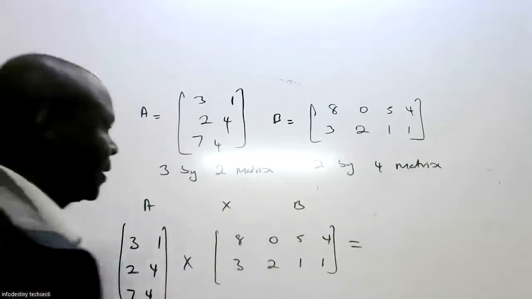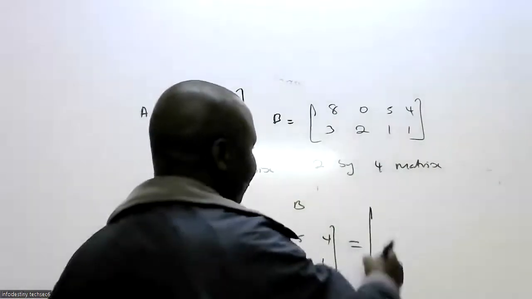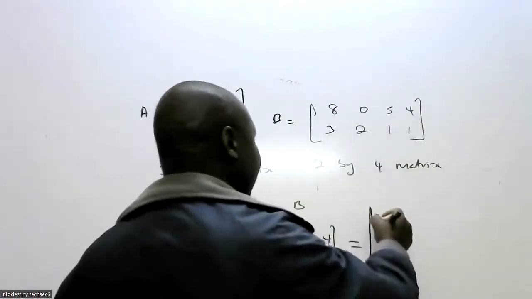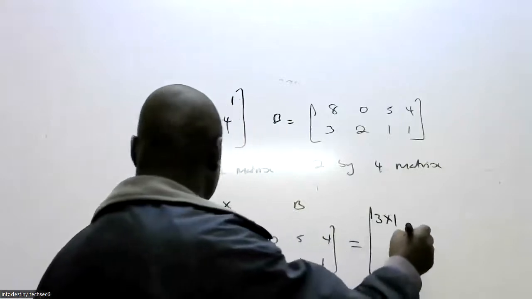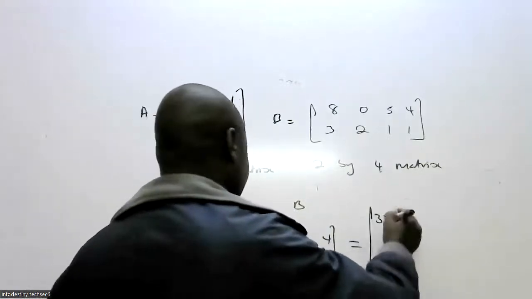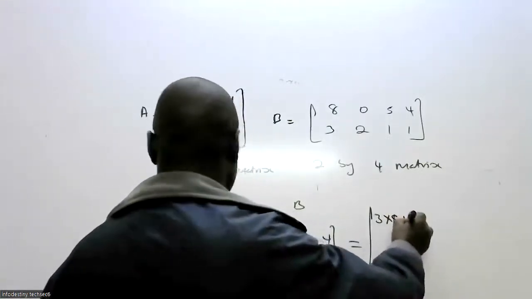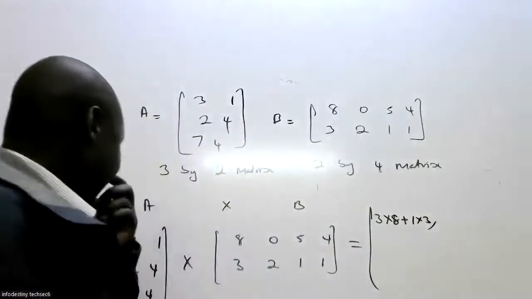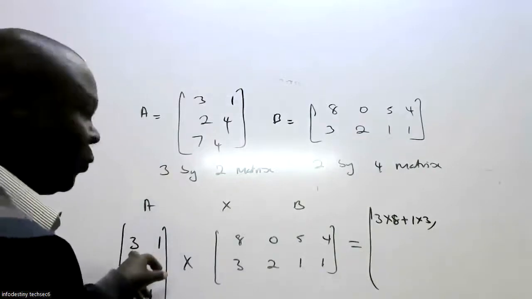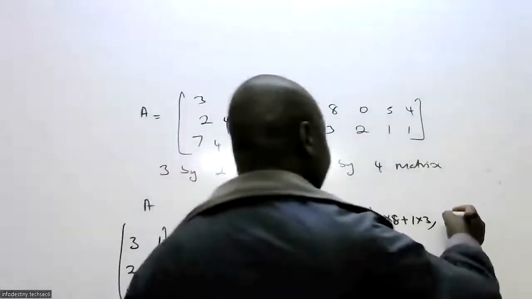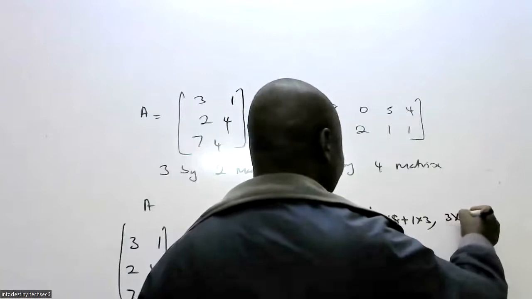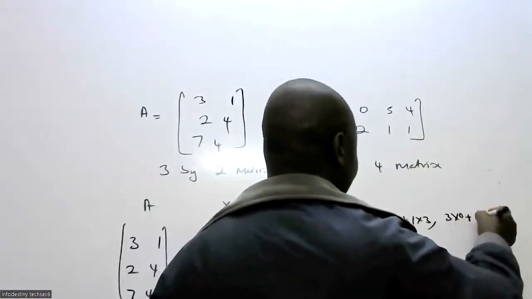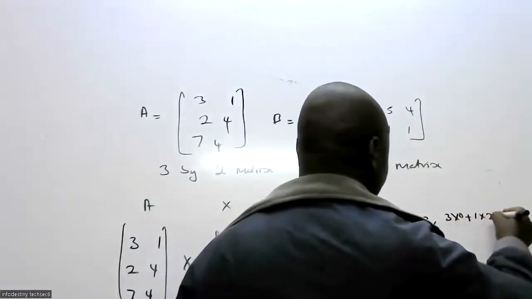So in this case, the new matrix is going to be 3 times 8 plus 1 times 3. We repeat the same row: 3 times 0 plus 1 times 2.